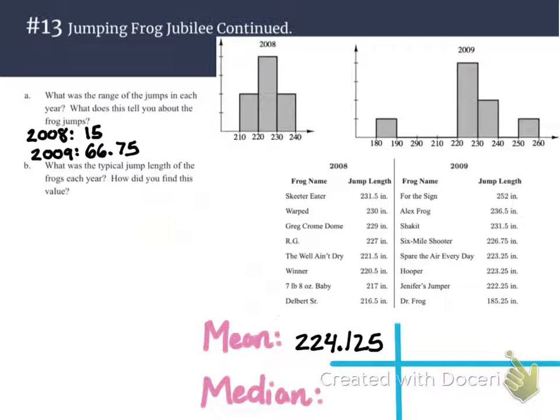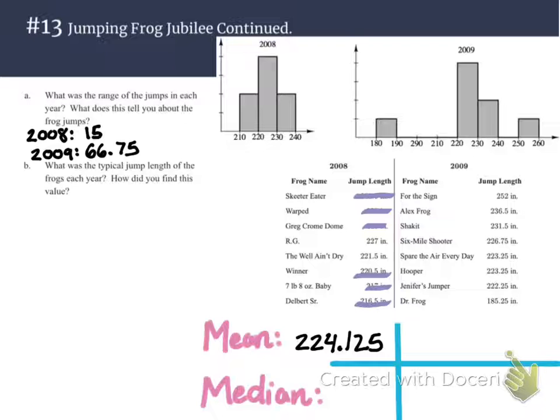Now the median is the middle number. So thankfully, these are already organized from least to greatest. I'm going to find the middle number by crossing out my high and my low, and I arrive at two numbers. Two frogs, I should say, RG and the well ain't dry. So when you have two numbers, what you have to do is find the average or the middle of those two numbers.